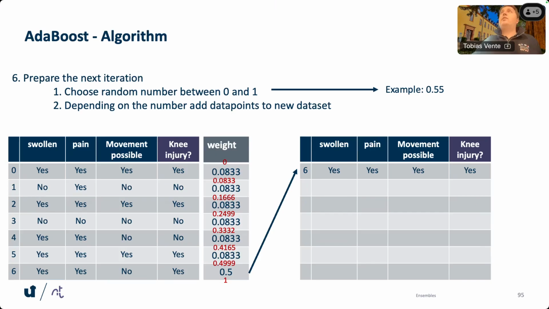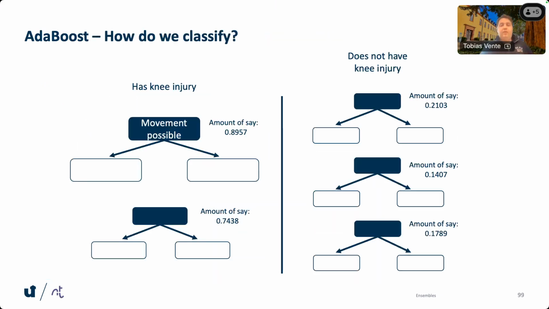If a tree has a high error rate, why? We do that by the negative amount of weight. So if we are at this step and we have the amount of say, and we know that it misclassifies all data points, it will get a negative amount of say of -3.